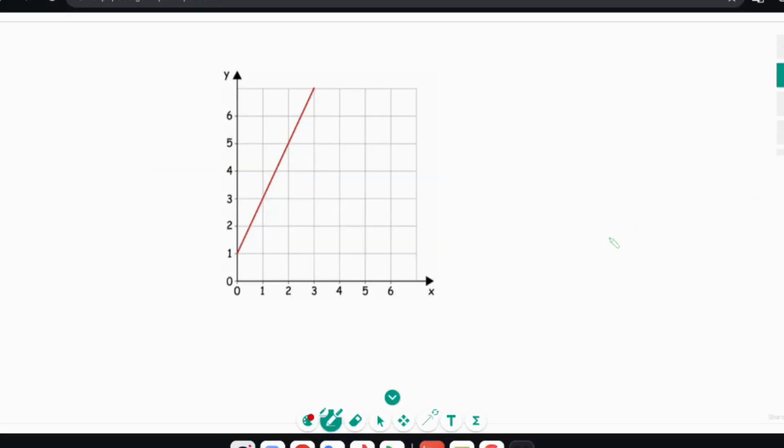Okay, so let's look at this. So the gradient, how steep the straight line is. I'm going to draw a triangle under my graph. I try and always start from the y-intercept. So look at where the graph is crossing your y-axis and I start from there. So for every 1 across, we're going 2 up.